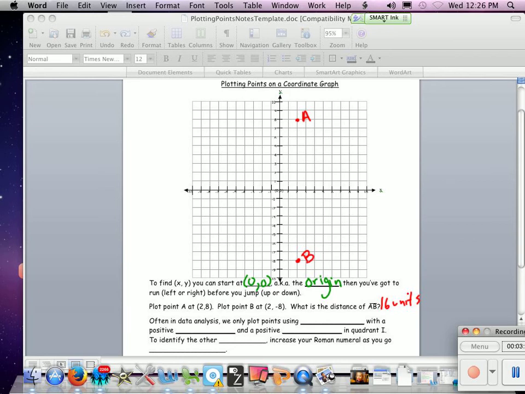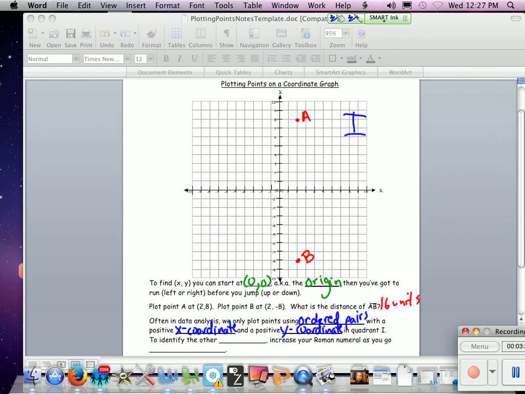Ordered pairs or coordinate pairs with a positive x coordinate and a positive y coordinate, that's up in quadrant 1. So quadrant 1 is the first quadrant you typically start working in. That's why I find it somewhat easy to remember quadrant 1. That first one you start working with, everything's positive.